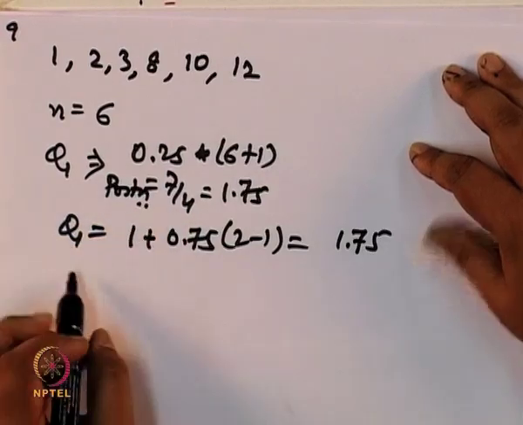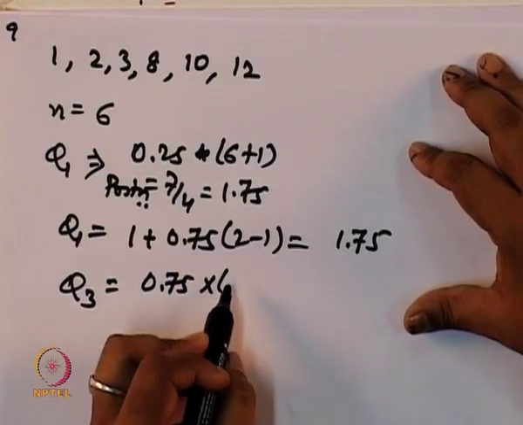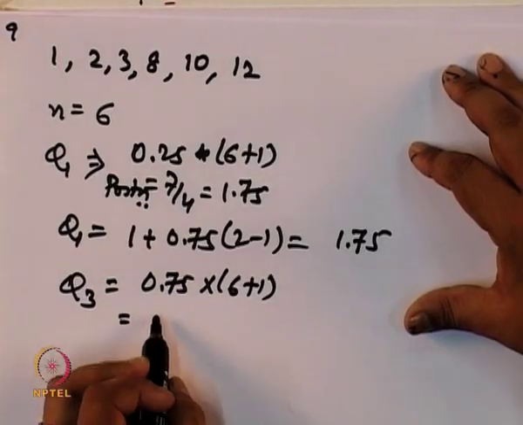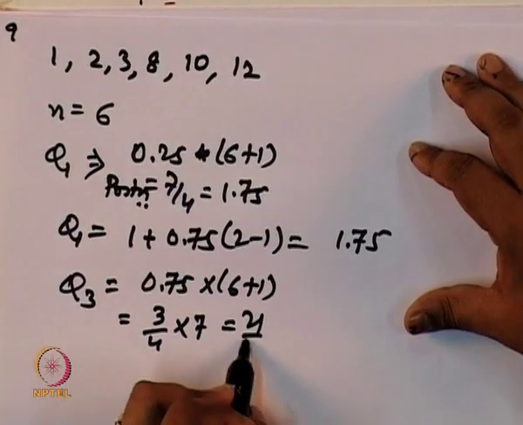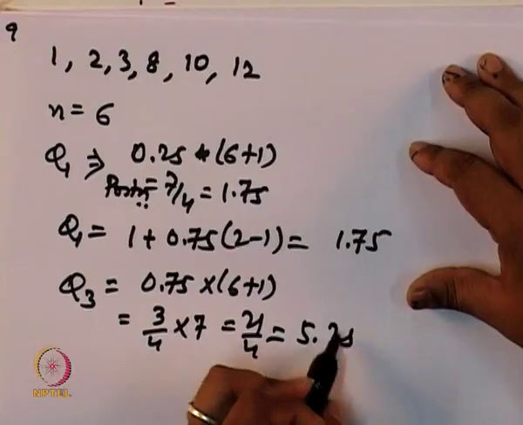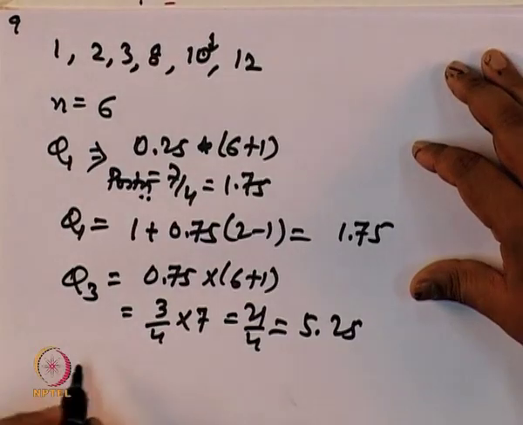Now, for Q3, the position is 0.75 times (6 plus 1), which is 3/4 into 7, 21 by 4, which is 5.25. So, the fifth number is 10, but you have only 0.25 beyond it.